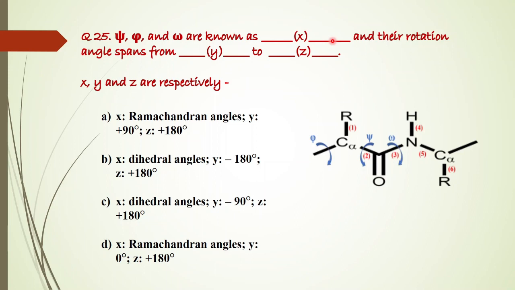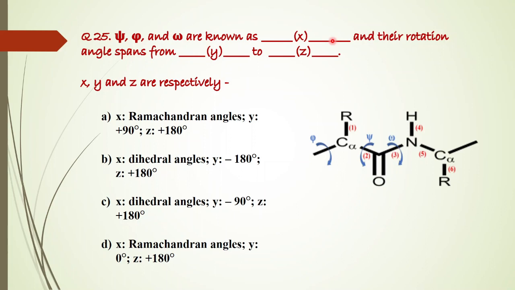They are called dihedral angles, because dihedral angles, basically the angles between two planes, are not confined to Ramachandran plots. They are widely used in every kind of organic structure. So we do not call them Ramachandran angles, we call them dihedral angles.